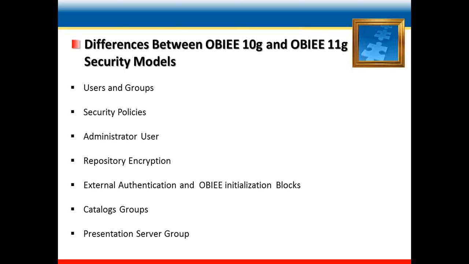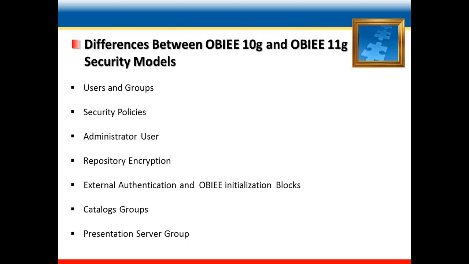And then the security policies. In OBIEE 10G, the policies in the catalog and repository can be defined to reference groups within the directory. But in OBIEE 11G, policies are defined in terms of application roles, which map to the users and groups in a directory.